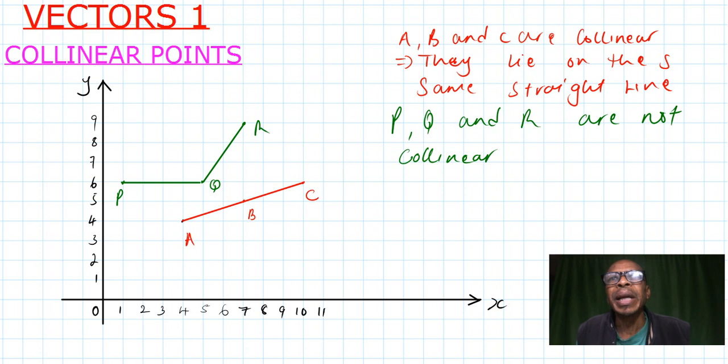But now we don't have to draw the points on the Cartesian plane all the time to show that the 3 points are collinear. We can verify by connecting the 3 points whether they are collinear or not. Let's start with A, B, and C. Let's write the coordinates.